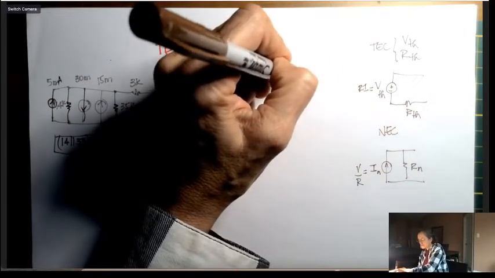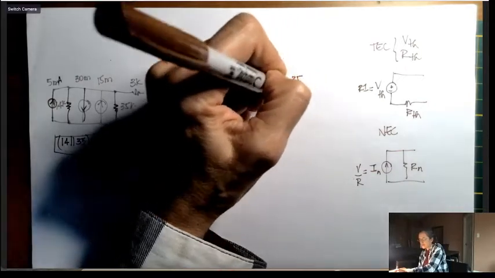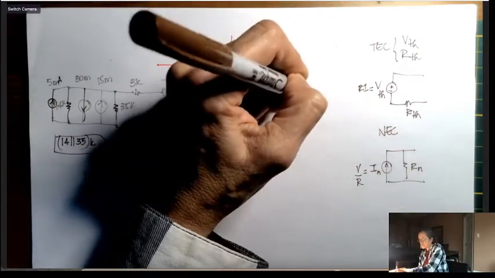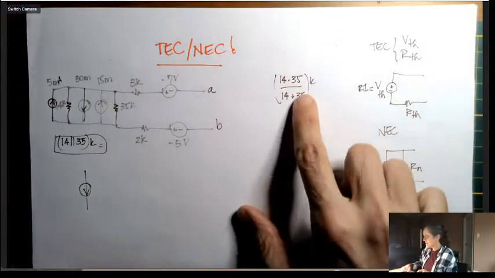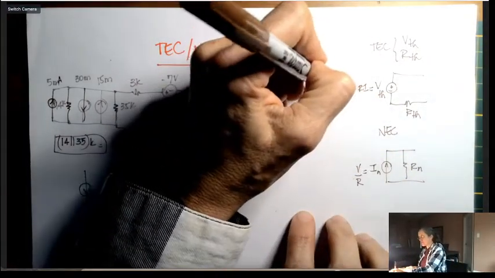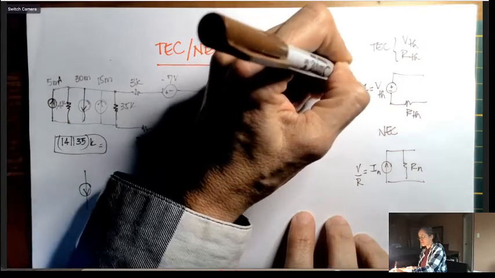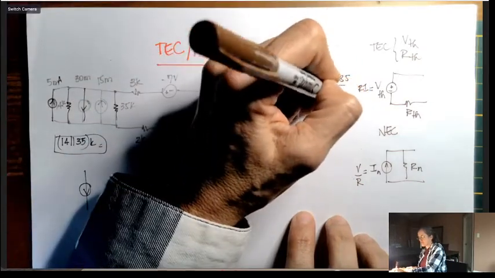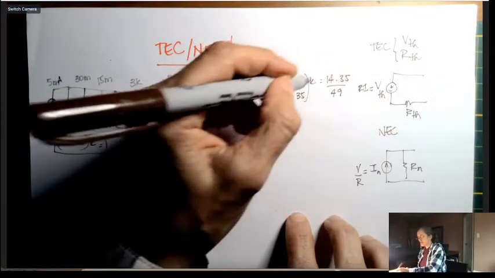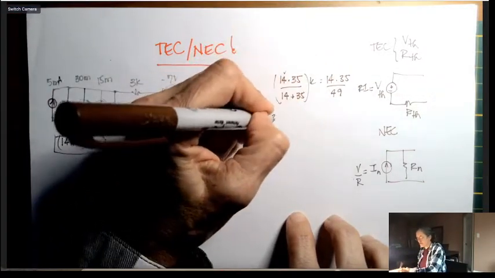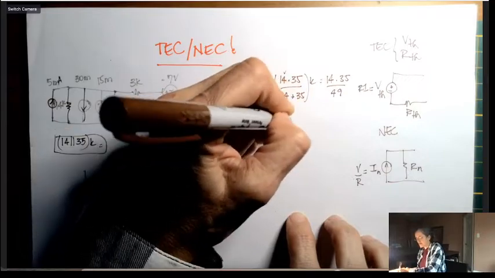So I want to do 14 times 35 divided by 14 plus 35, and I know that this will be in kilo ohms. This here is a pretty painful math problem if you don't use common denominators or common factors. So you could do this. This is 2 times 7, and this is 5 times 7.